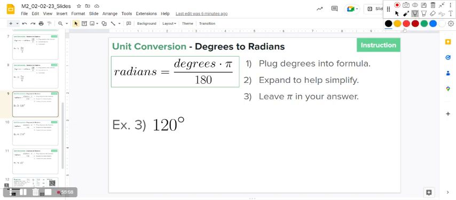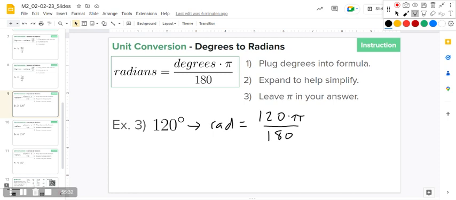So if we have 120 degrees, we're first going to just plug it into our formula like we did before. This time we have radians. I'm going to abbreviate that as RAD equals our degrees, which is 120. That goes on top of our fraction, times pi divided by 180. So we've plugged degrees into our formula.